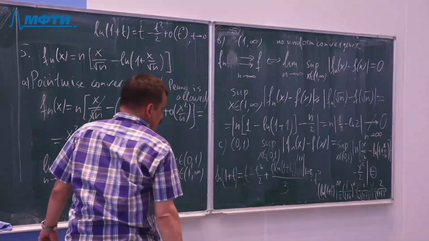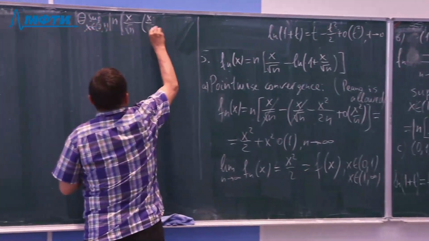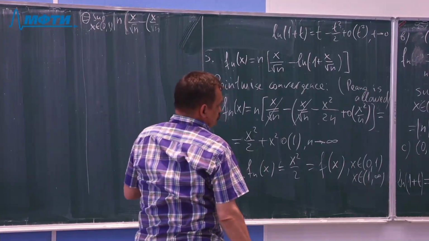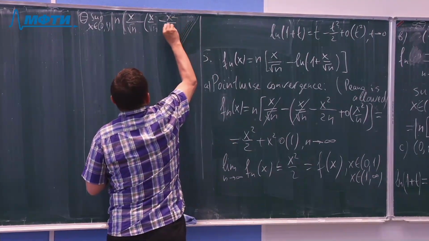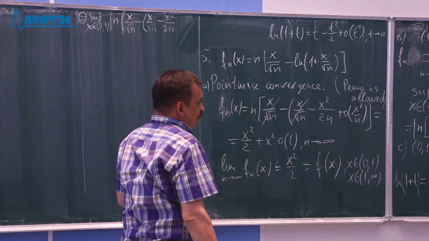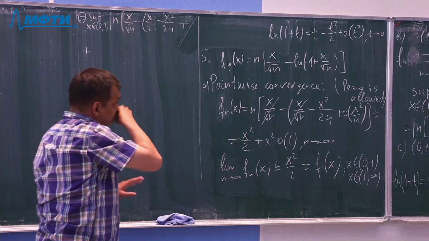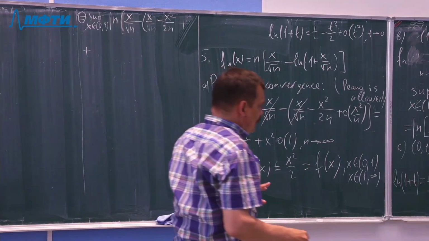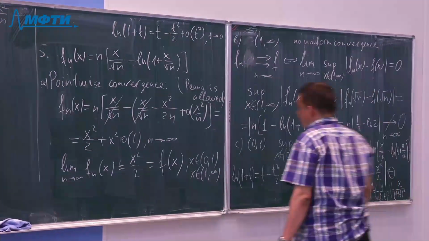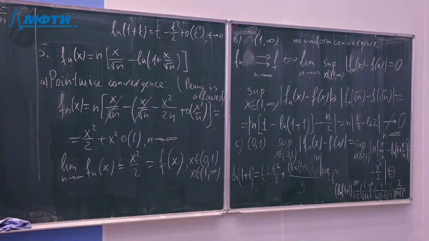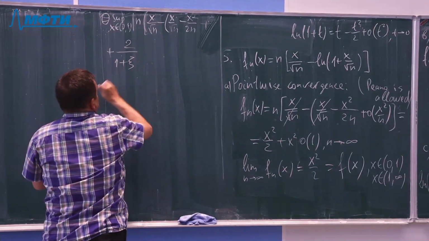So instead of t, x over square root of n: x over square root of n minus x squared over 2n plus, now the third derivative is 2 over 1 plus t, so I'll write it here: 2 over 1 plus xi.